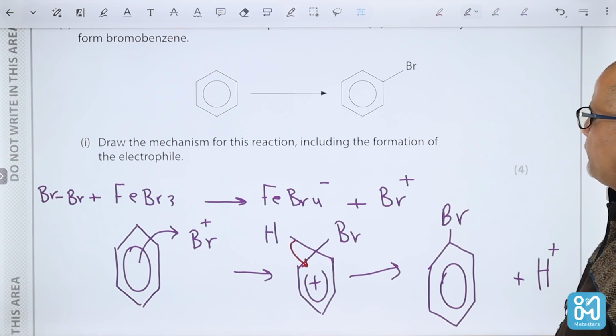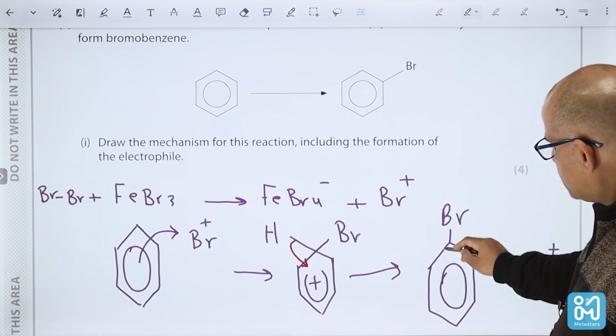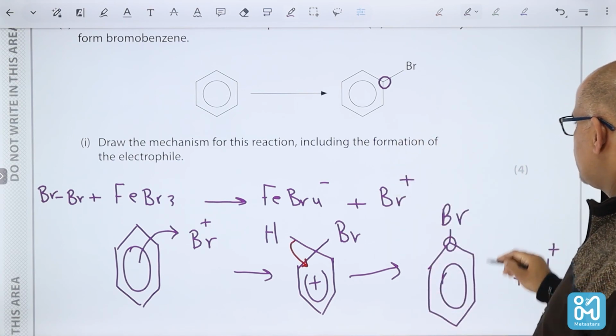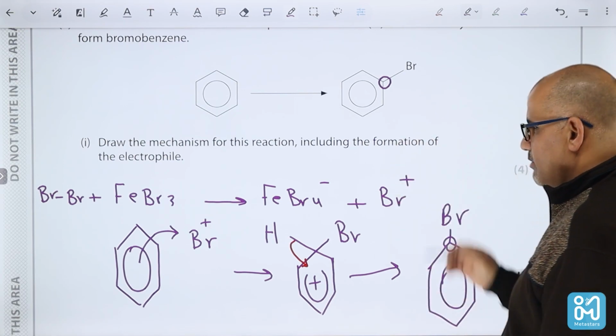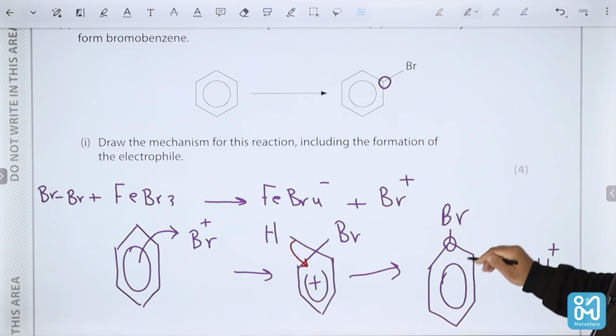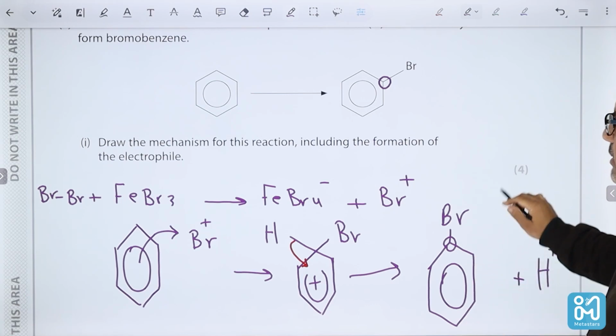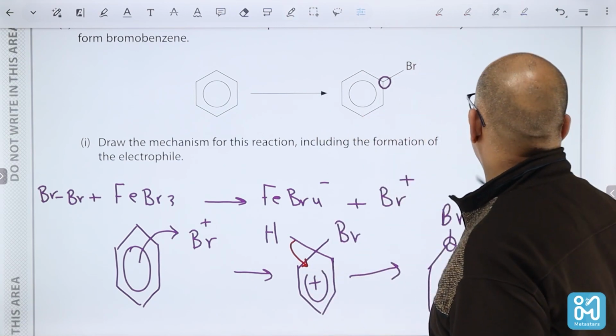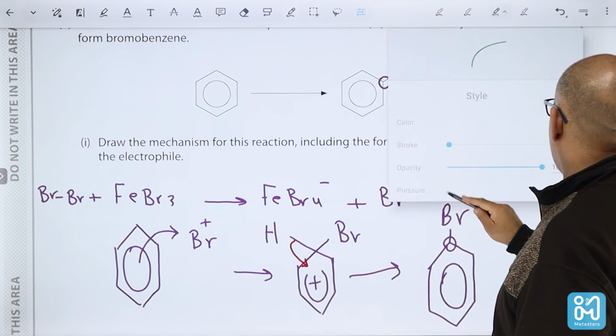That's the mechanism. Now, the position of Br is not like that. So if you rotate it, it will be like it. Don't worry, so it's completely correct. Let me tell you where the marks are.